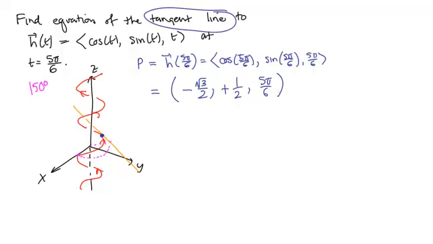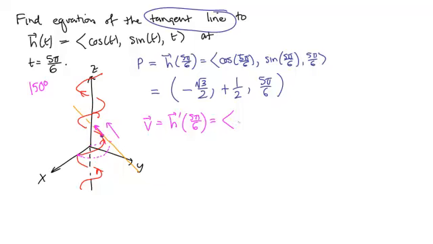Next, I'm going to need the vector that runs parallel to this. Well, I'm looking for the tangent vector. That's the direction that this line needs to go. So the vector v that we're looking for has got to be the derivative at 5 pi over 6. So let's take the derivative first.